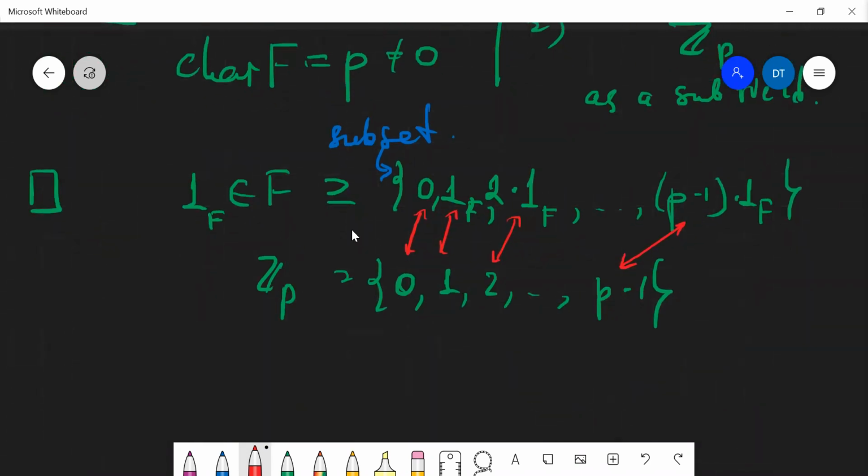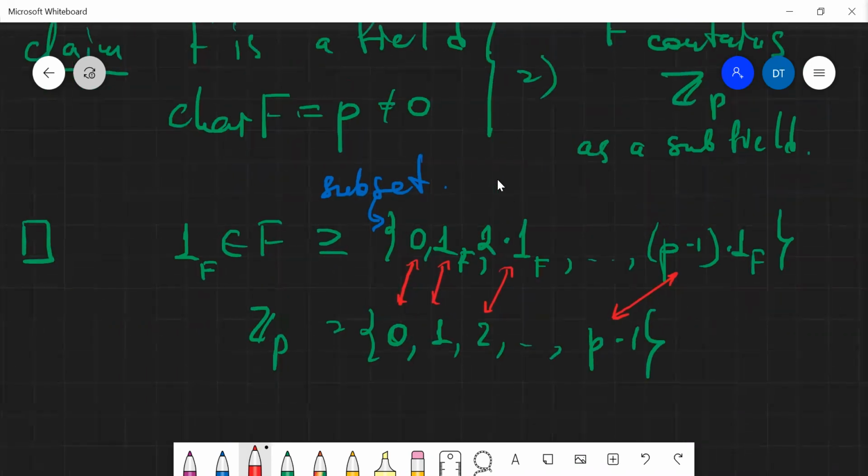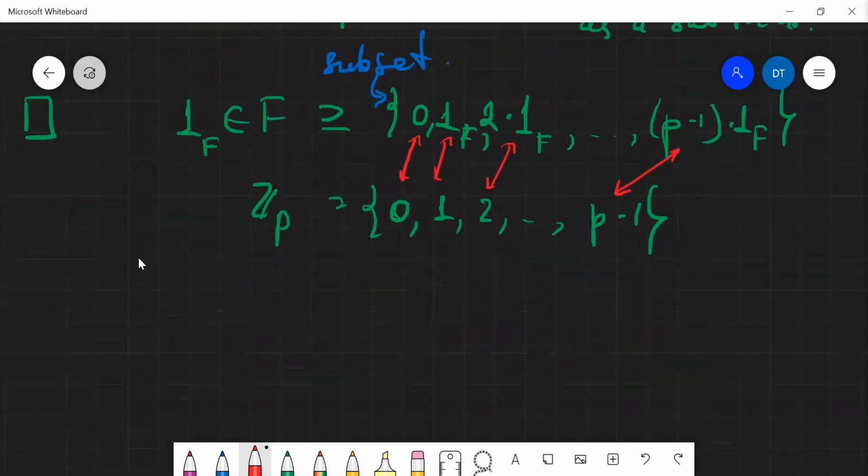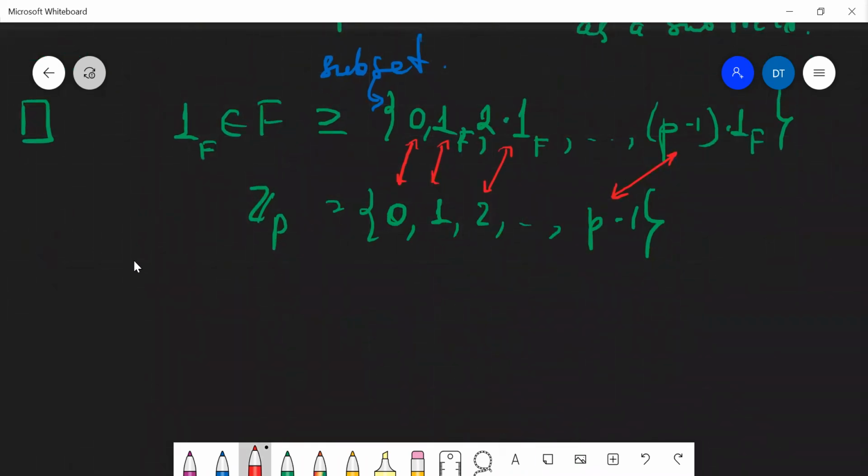This is the meaning of the phrase that the field F contains Zp as a subfield. So this is exactly a copy of Zp inside F. Now let me be more formal. We have a map from Zp to F, which takes each remainder k to the element k times 1 of F.